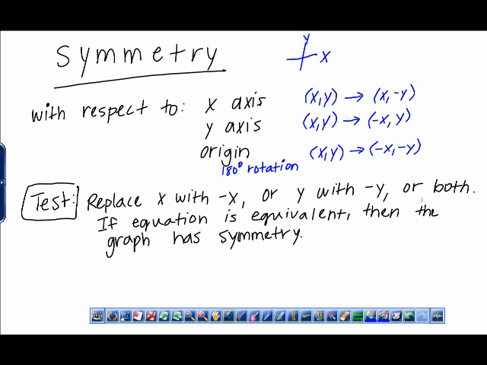If you do both in the same turn, from the original equation, replace x with negative x and y with negative y, and it simplifies down to an equivalent equation, then the graph has symmetry with respect to the origin, which means there's a 180-degree rotation. So what we're doing is really focusing on the equation, not so much the graph.